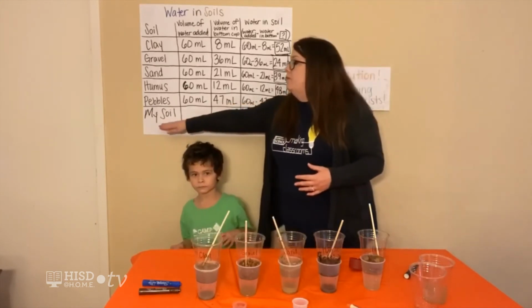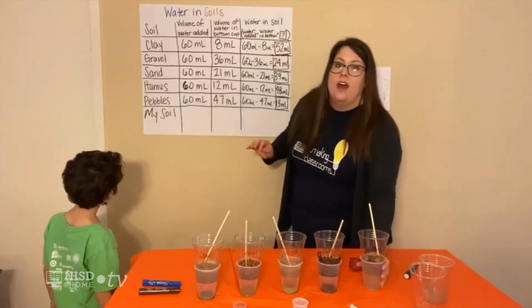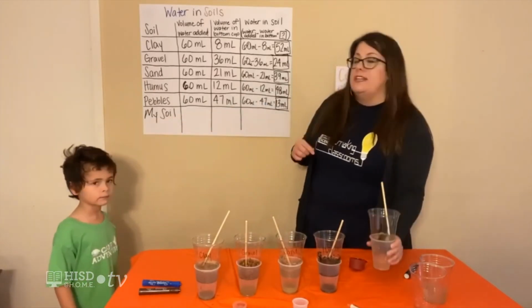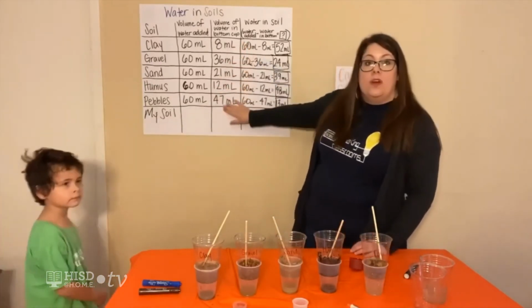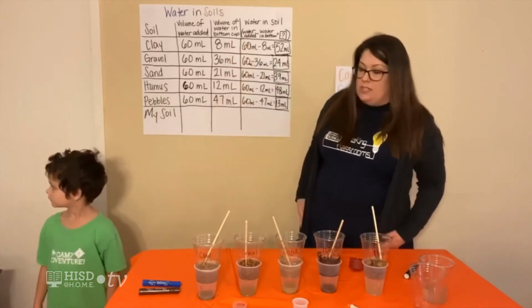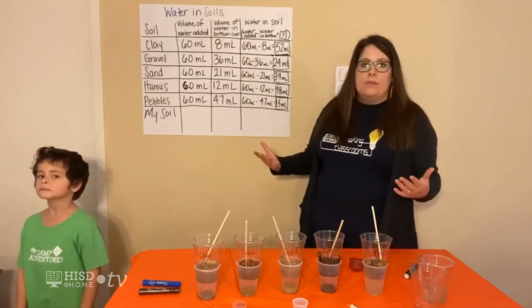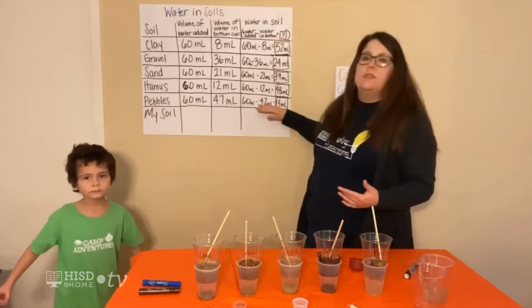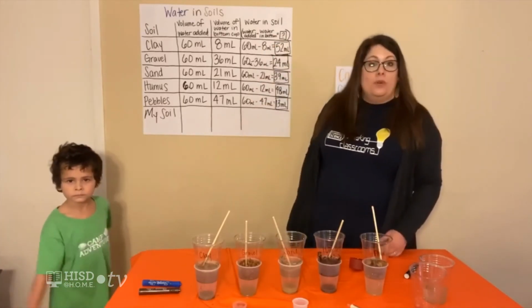But here, you're going to test the soil in your yard, and you're going to get a cup like this, and you're going to see how your soil matches up with all of the ones that Maxwell and I did with you today. So we're going to get into explaining what happened here. We're going to come back and use some science words to explain the data that we found. And so we'll see you back in a little bit.